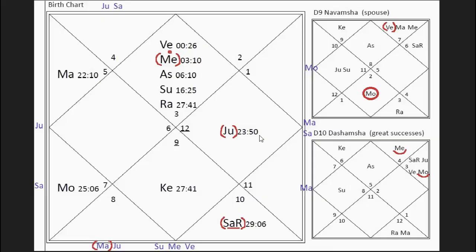By sign, it's Swarashi, its own sign, Ucha, exalted, Nicha, debilitated. And then, in terms of visibility, there's combustion versus retrogression, there's planetary war and eclipse. So a number of other things, and we're not going to get to all of them in one horoscope.